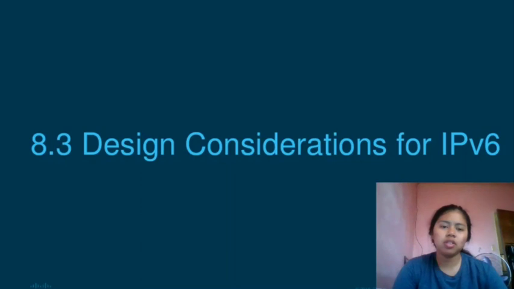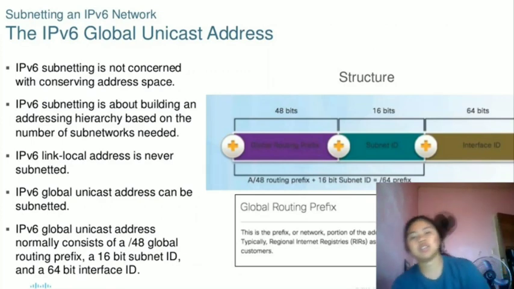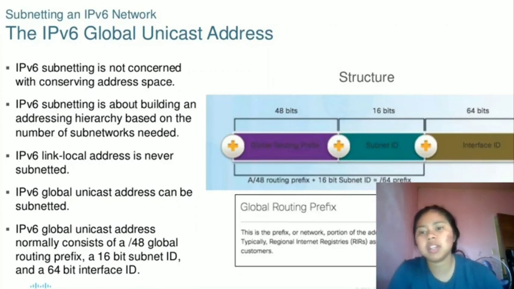Design considerations for IPv6. The IPv6 global unique address. This will be the structure of the IPv6 global unique address. IPv6 subnetting is not concerned with conserving address space. IPv6 subnetting is about building an addressing hierarchy based on the number of subnetworks.